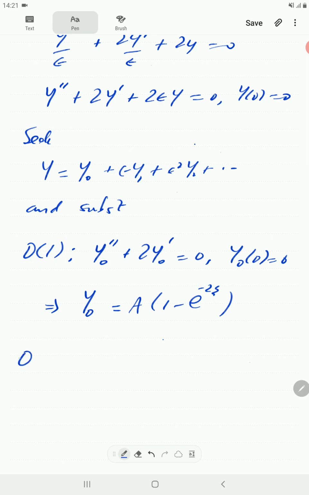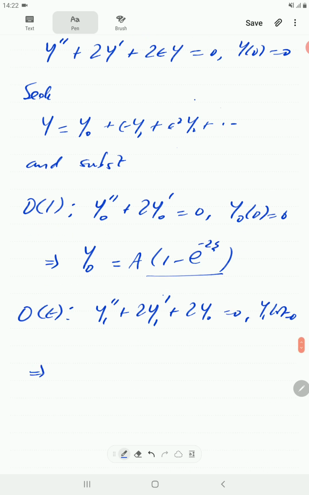Okay, so at this point we proceed to find a solution at order epsilon. The ODE is going to be Y1 double prime plus 2Y1 prime plus 2Y naught equals 0. Then substituting this in gives us the following ODE.